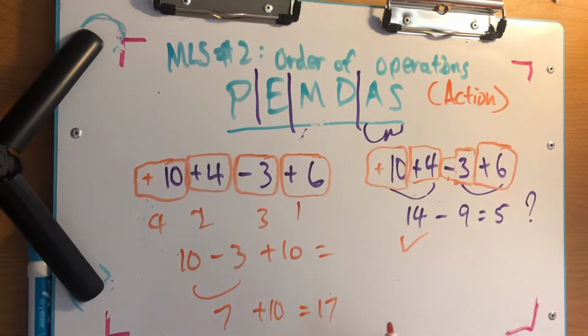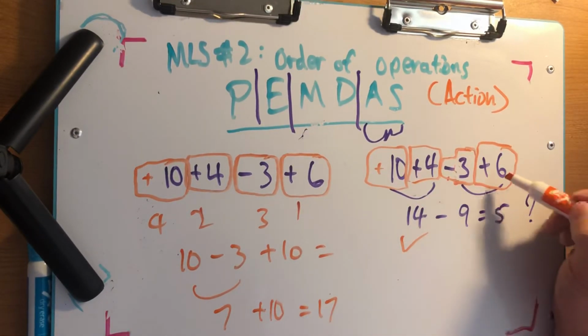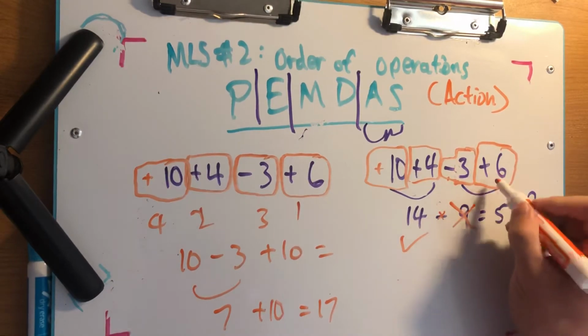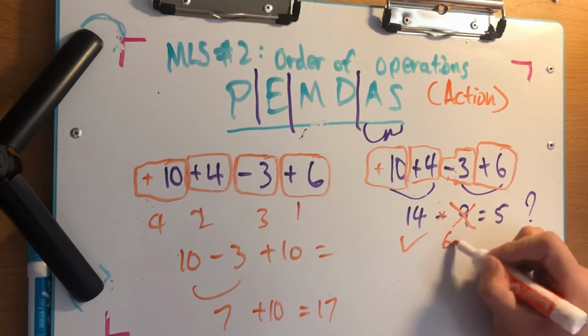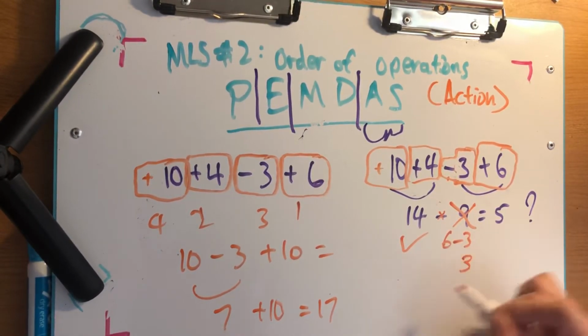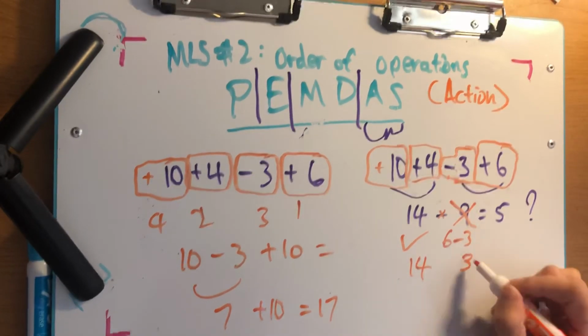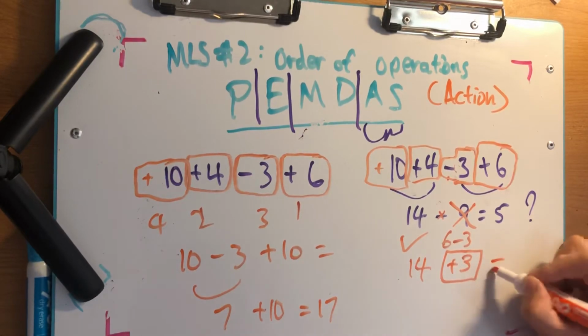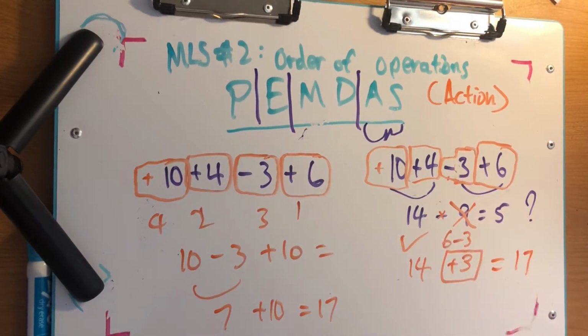So over here, 10 plus 4 is 14, that's okay. But what about the 6 and this negative 3? Really what this should be, it shouldn't be a minus 9. It should be 6 minus 3, or 3. So we have a 14 and a 3. And because we know this is a positive number, 14 plus 3 equals 17.